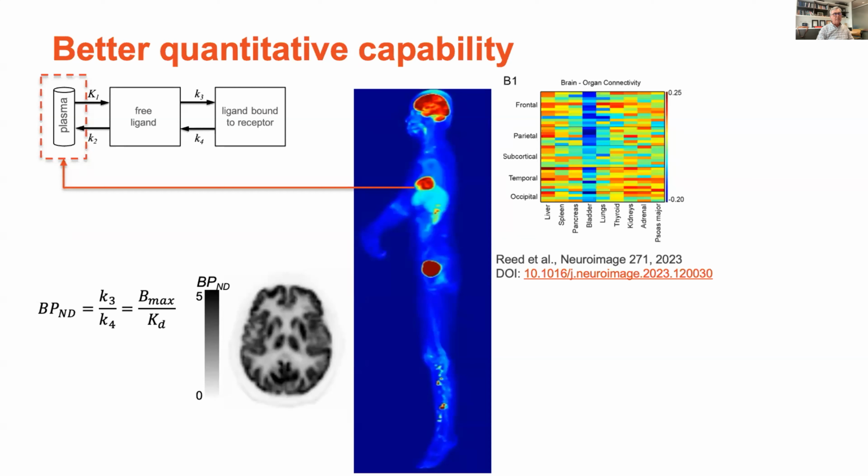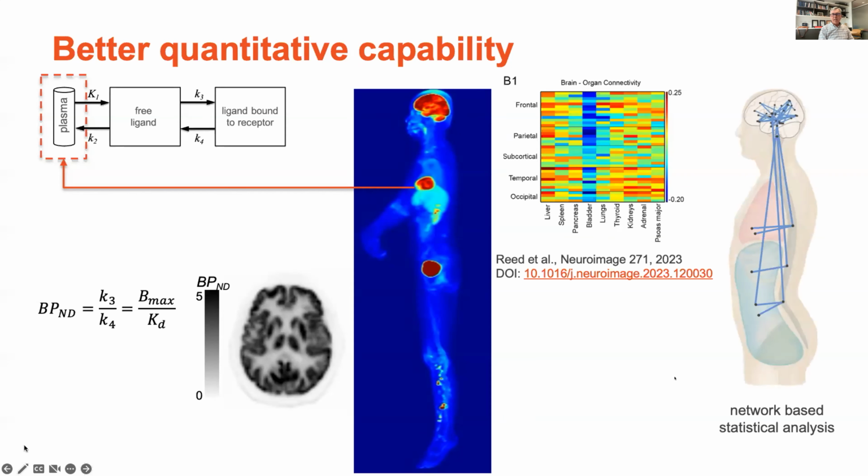This is a paper that literally just came out this morning showing how you might be able to do this with total body PET data, looking at connectivity between different parts of the brain and individual organs. And you can extend that a little further to do network-based statistical analyses in a way that has been done extensively in neuroimaging, but now looking at networks throughout the entire body.